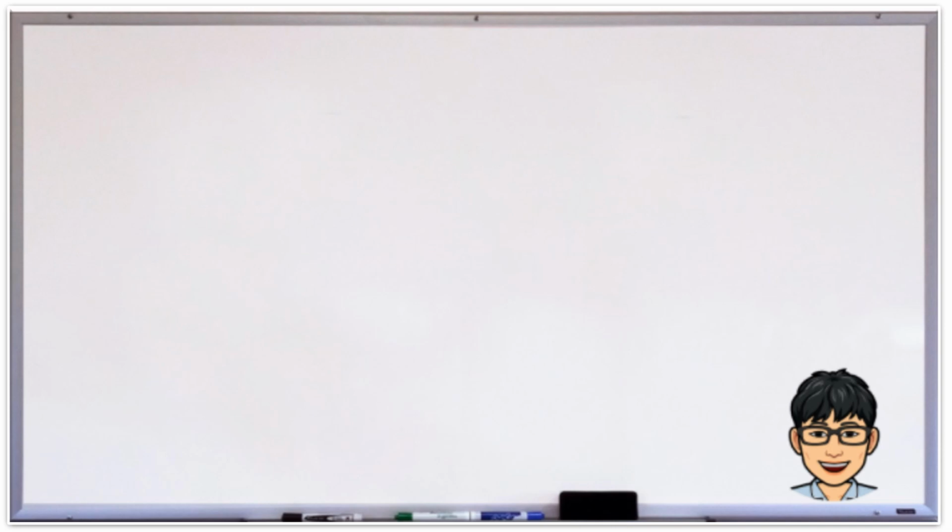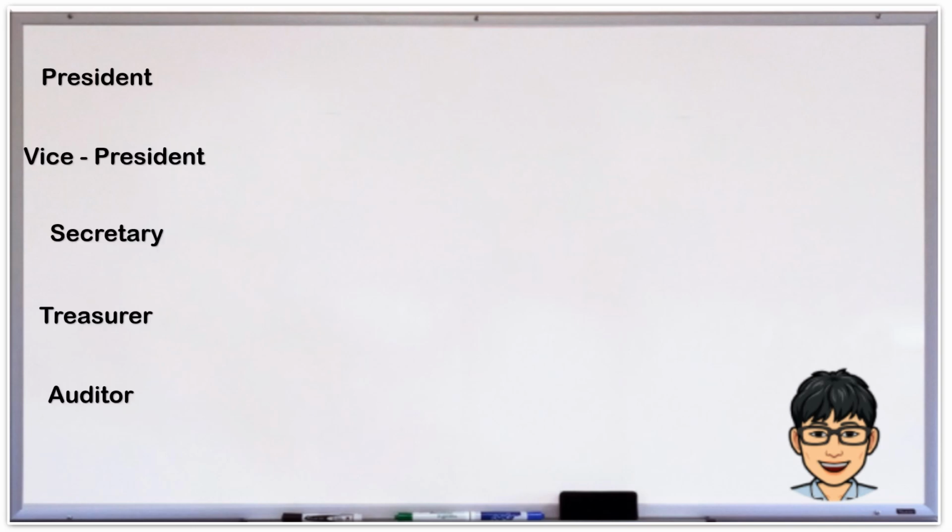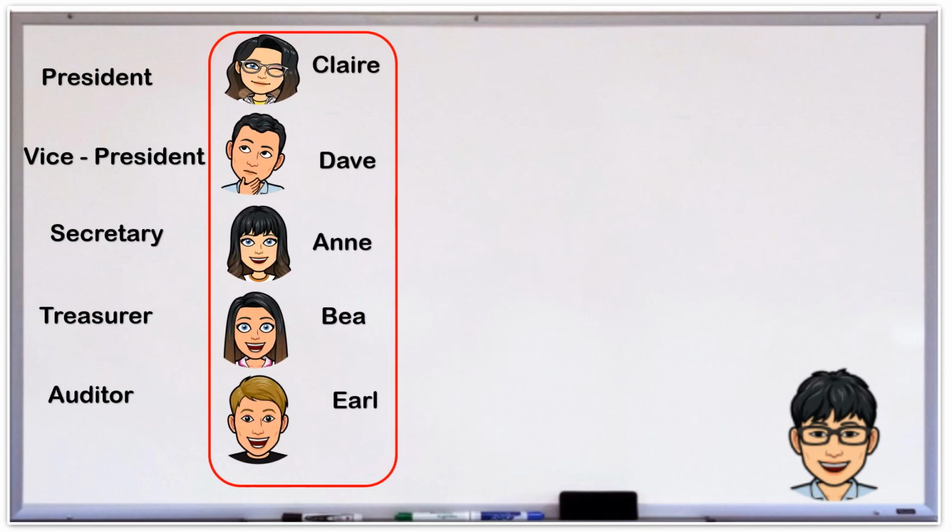Sa tanong na ito, mag-a-appoint si advisor ng 5 posisyon: president, vice president, secretary, treasurer, and auditor. Assuming ito ang ginawang appointment ni advisor, si Claire as president, Dave as the vice president, Ann as the secretary, Bea as the treasurer, and Earl as the auditor.